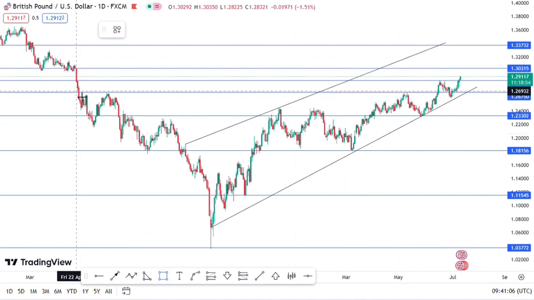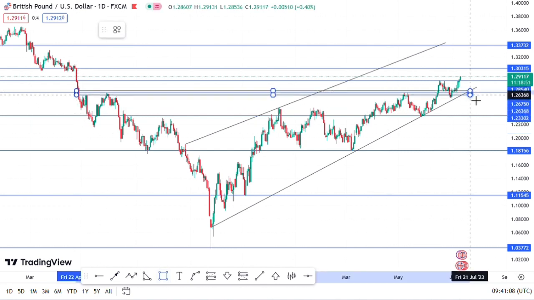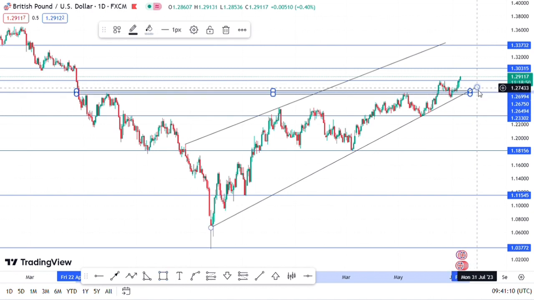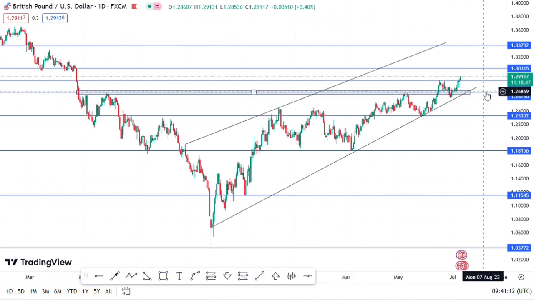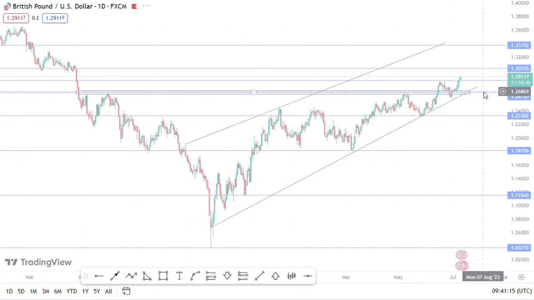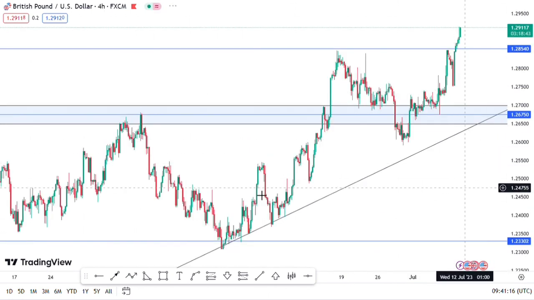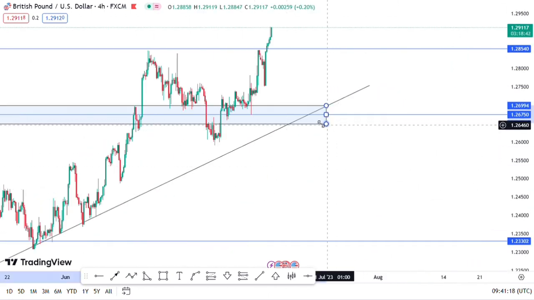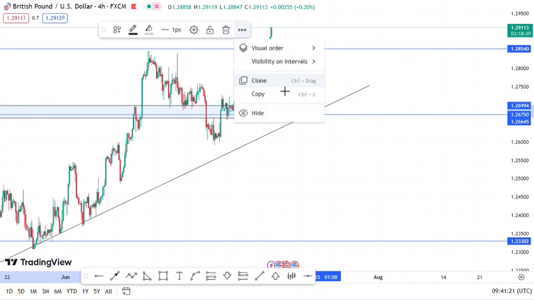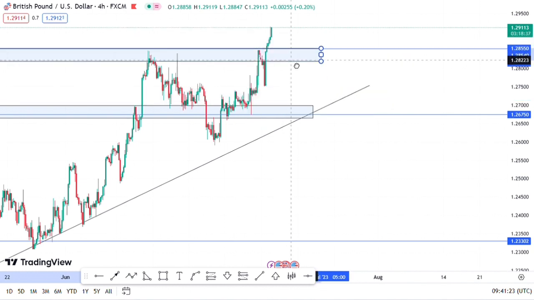This is a rising channel. So let's go to the smaller time frame, the H4 time frame. Let me clone this one and then put it right here.